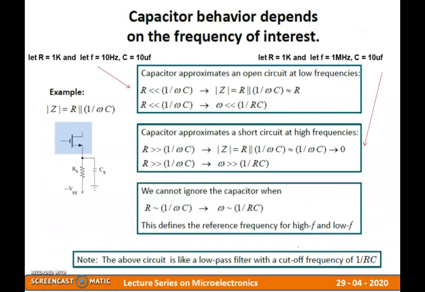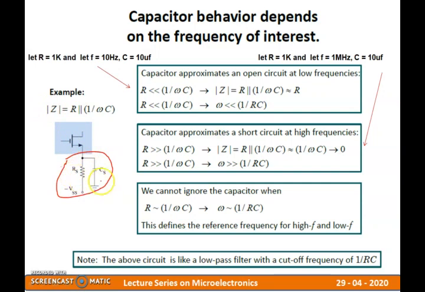For that, let's take a small analogy of this particular MOSFET. This is a small portion of your common source amplifier, which has a source resistance over here, and I am attaching a source capacitance at the source lead between source and ground. So this particular node has a certain impedance, given by Z equal to R parallel 1 over omega c.